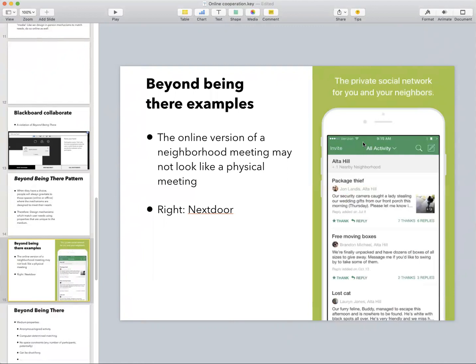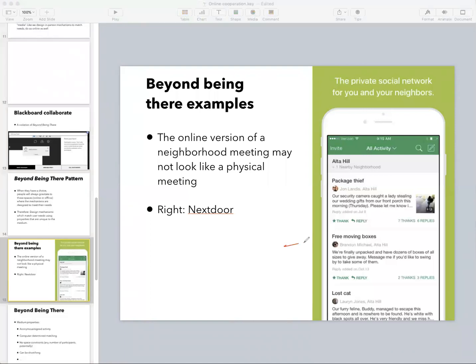What Nextdoor did was to use the properties of the online medium. For example, they're using the property that the online medium is always available and you can access it from any device. So always on and accessible from anywhere, right? And so that allows you to design these interactions such that people can share news that they wouldn't be able to share if they were waiting for the next neighborhood meeting.